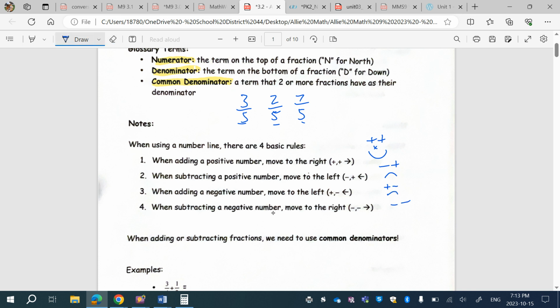And if you have a negative and a negative, it's going to end up being positive. So you could think about that still, it almost applies, but now we're just talking about whether you're going right on the number line or left on the number line. So these are our lefts and these are our rights. I'll show you a few examples on the number line right here.